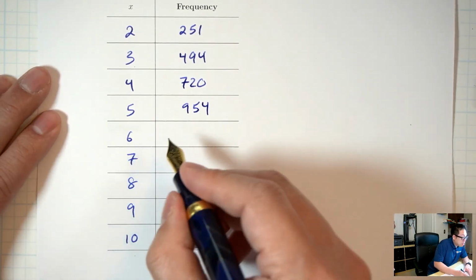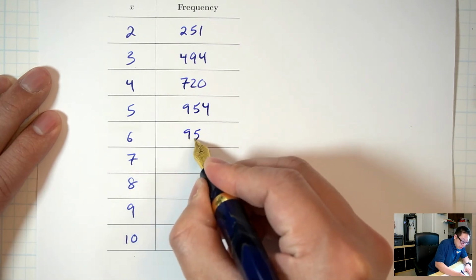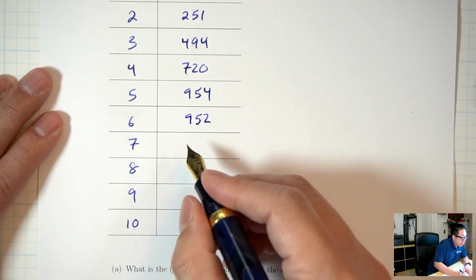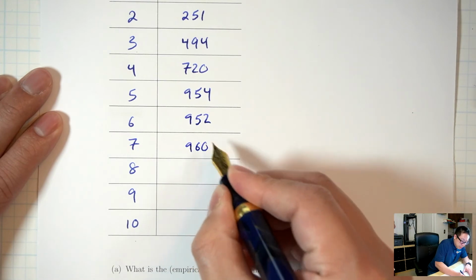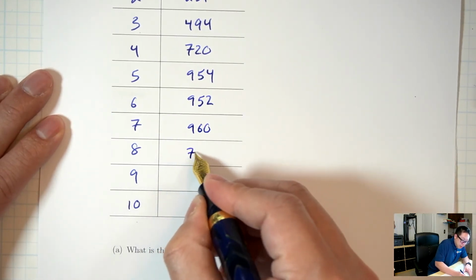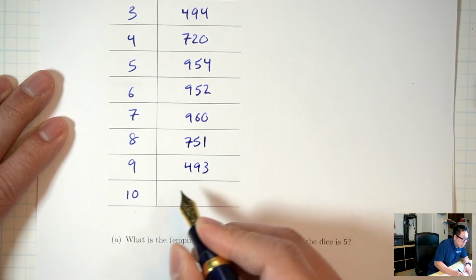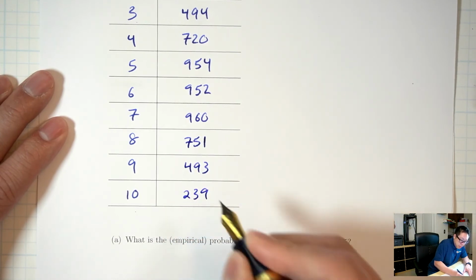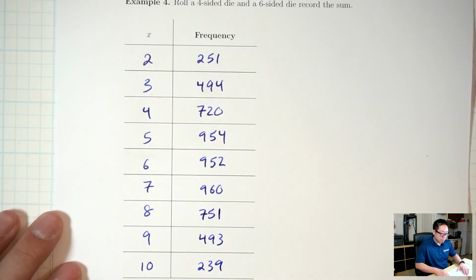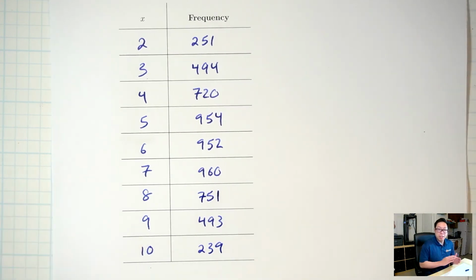I got a 6, 952 times. I got a 7, 960 times. I got an 8, 751 times. A 9, 493 times. And a 10, 239 times. I spent my weekend rolling dice, a lot of times.